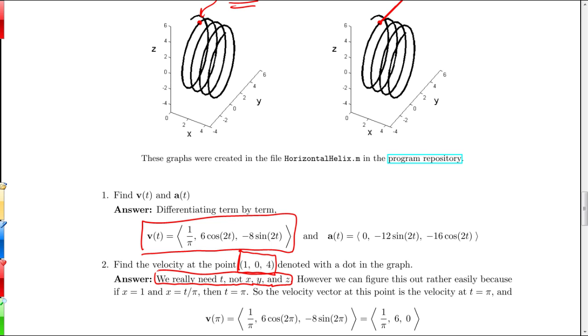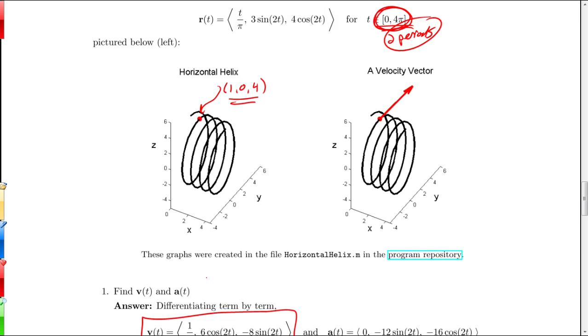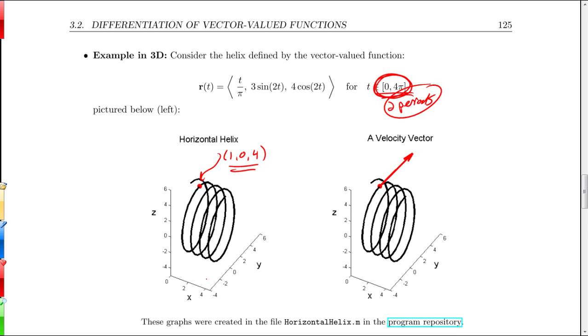But that's pretty easy, because I'll go back to my very original position function, right? And I know that this is 1, this is 0, this is 4. And so you can set any of these equal to their associated components and solve for t.